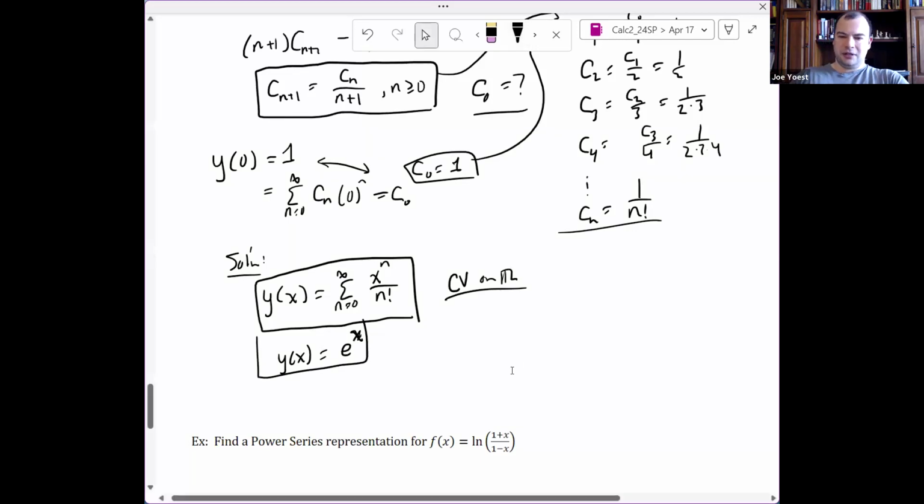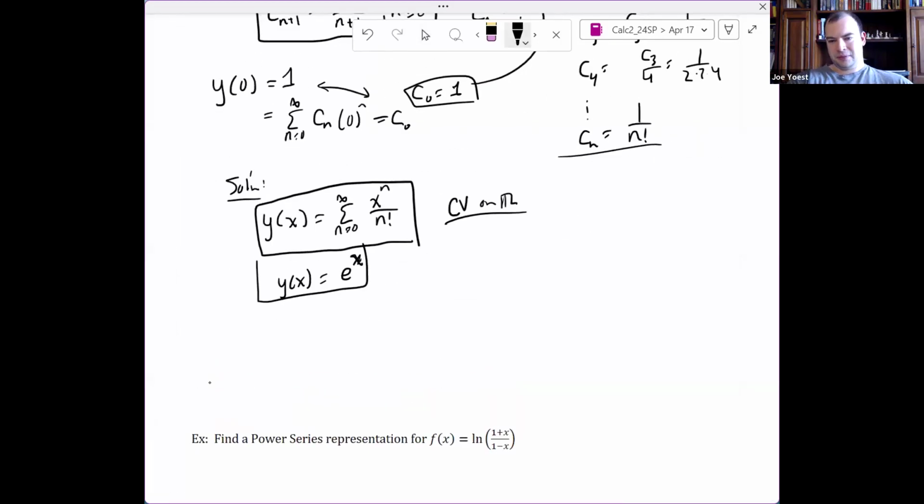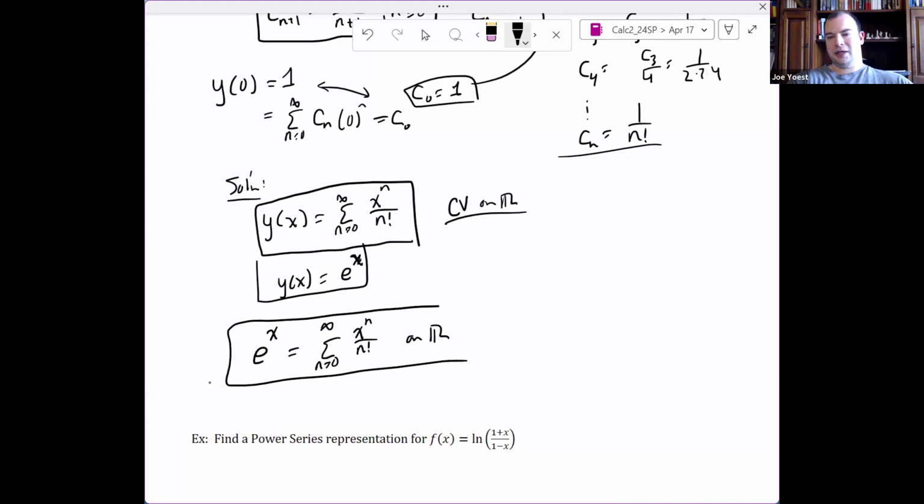We've actually discovered another power series relationship, that e to the x equals the sum n equals 0 to infinity of x to the n over n factorial, actually on the whole real line. So that's kind of nice.